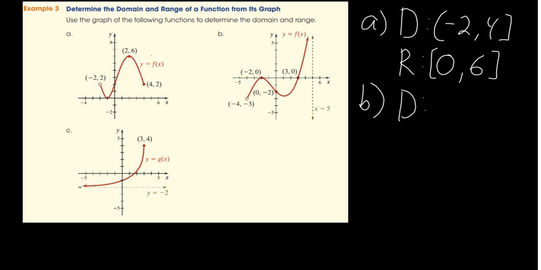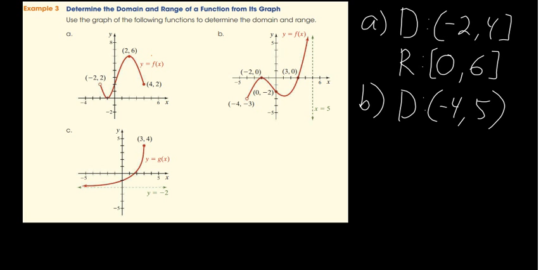So we're going from -4, but it does not look like we are including -4, so we're going to put a parenthesis around -4. We're going all the way to 5, and it does not look like we're touching 5, so we're going to put a parenthesis around 5 as well. So that is my domain.